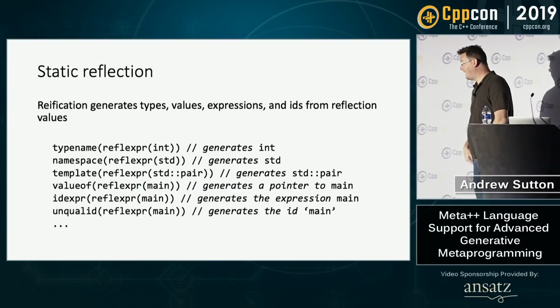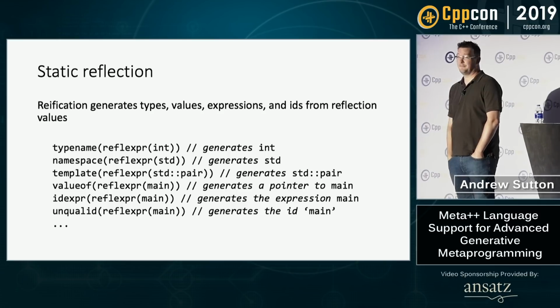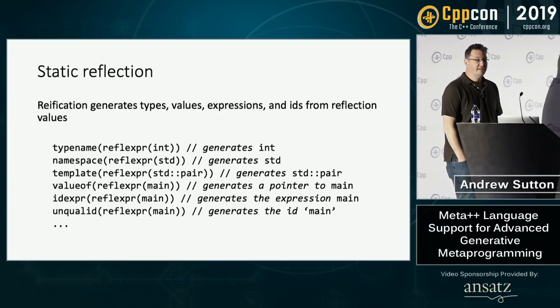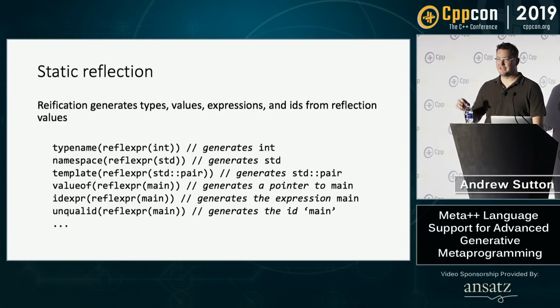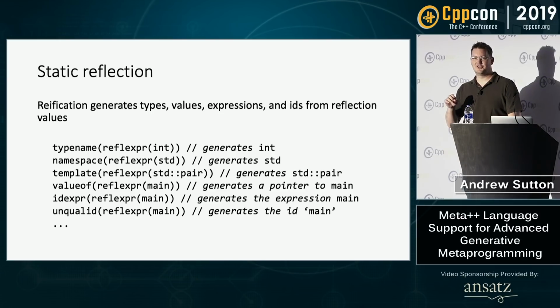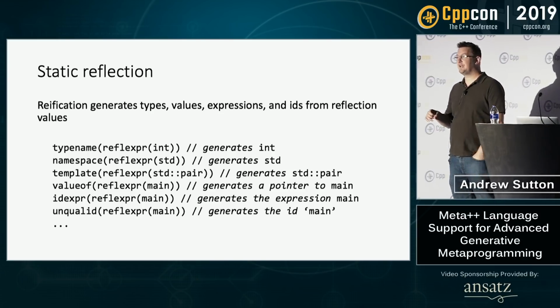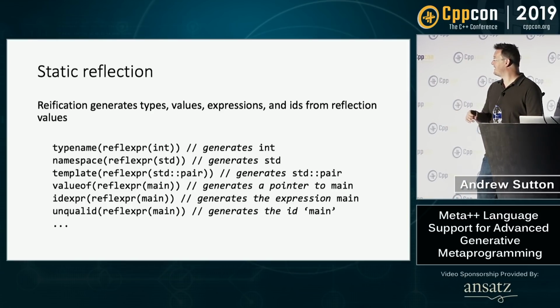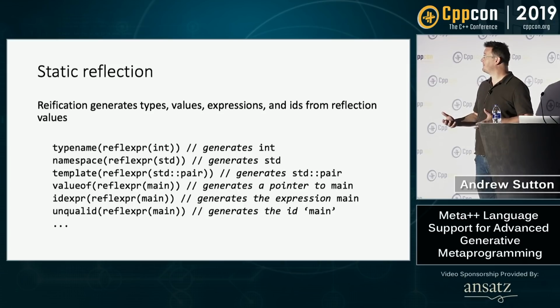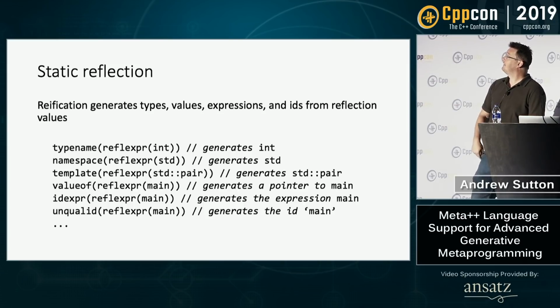Static reflection, I would talk more about this if I could, but I already did that for an hour. So static reflection adds a number of small generative tools for you called reification operators. So reification operators accept reflections or reflection values. So if I reflect on int, that gives me a reflection of the type int.